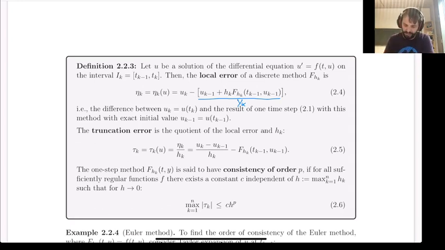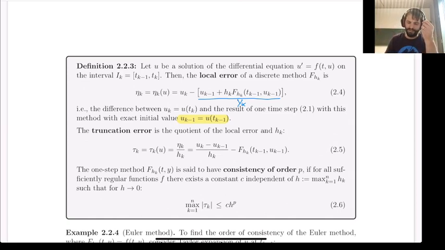The important bit being that y_{k-1} is u at t_{k-1}. We're really starting at the correct solution of the ODE at the time step t_{k-1}, and we want to know how much error we commit by simply one step if everything else was correct. That's why we call it the local error: I start somewhere on the trajectory of the true solution, and I just see what error I make in one step.